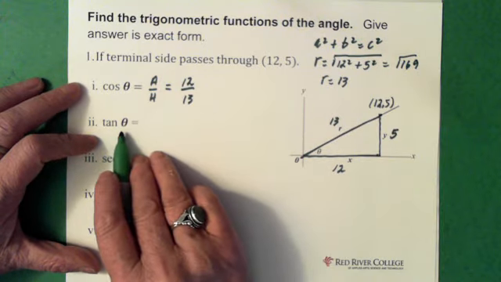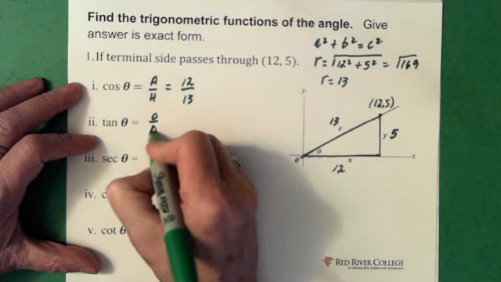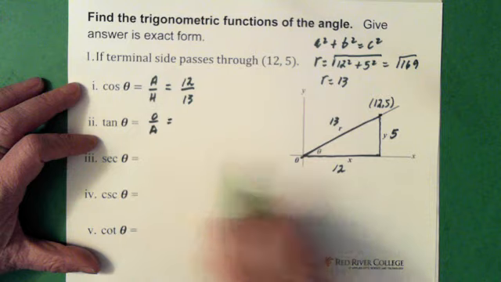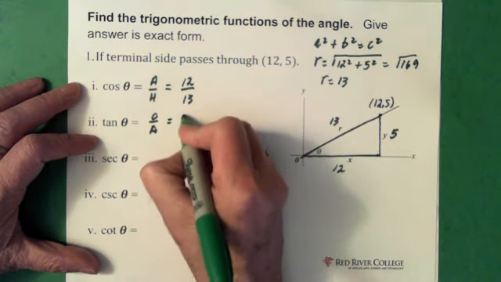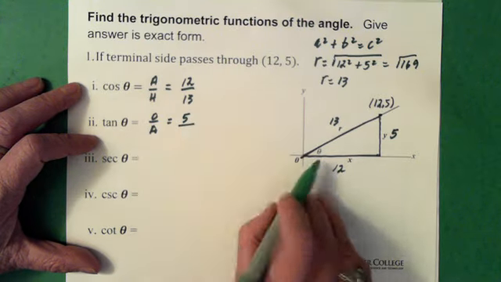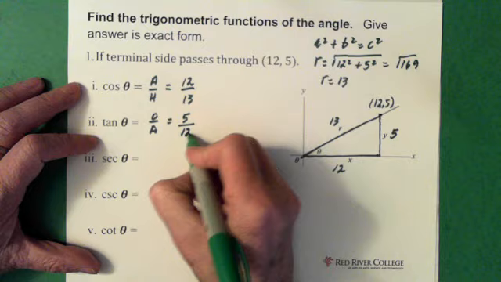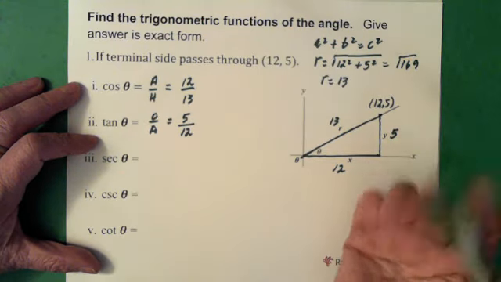Now the tan of theta is opposite over adjacent. The side that's opposite the angle is the 5, and the side that's adjacent to the angle is the 12. Again, this is left as 5 over 12 because that's an exact answer.